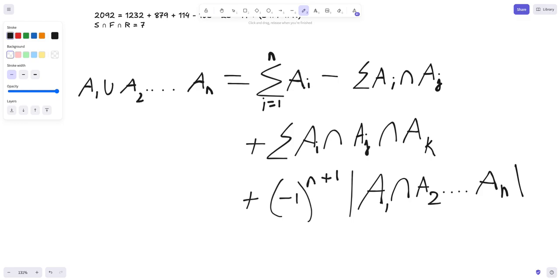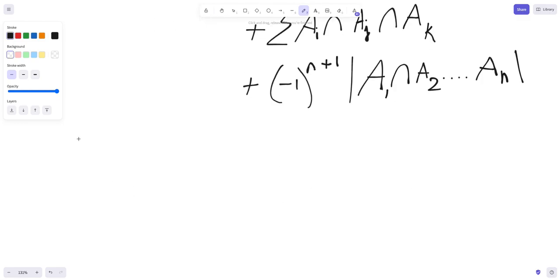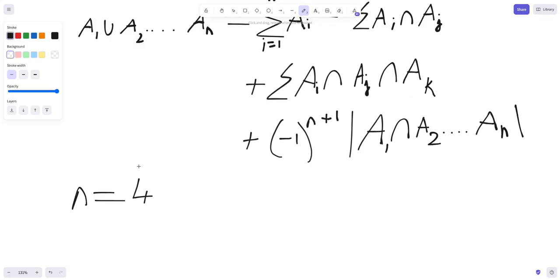So let's just apply this formula for, let's say, n is equal to 4 and see how this would look. So let's assume that we have A1, A2, A3, and A4, and we're trying to find A1 union A2 union A3 union A4. So that would look something like this.